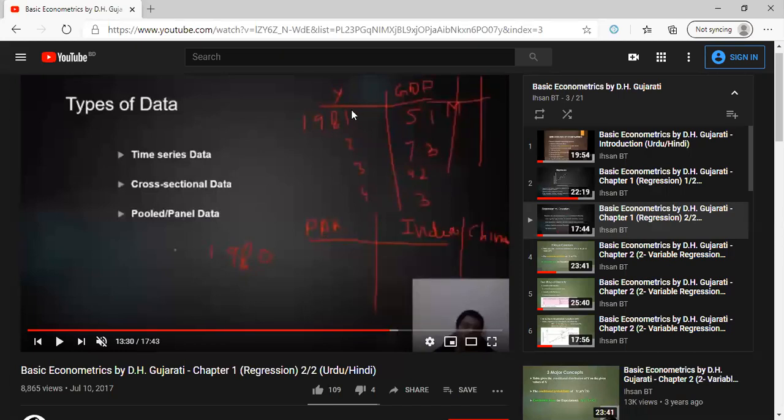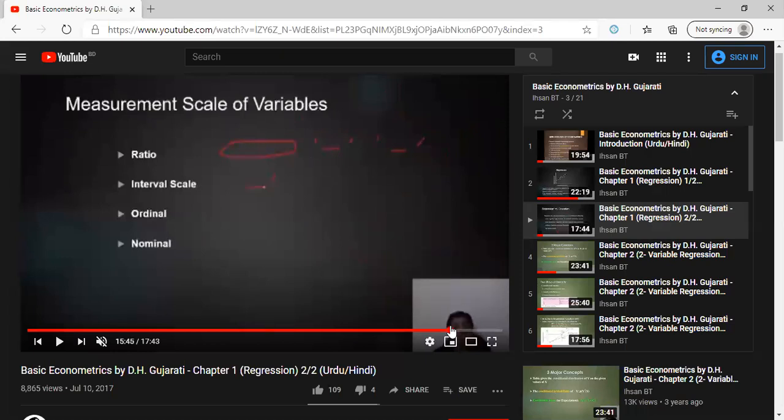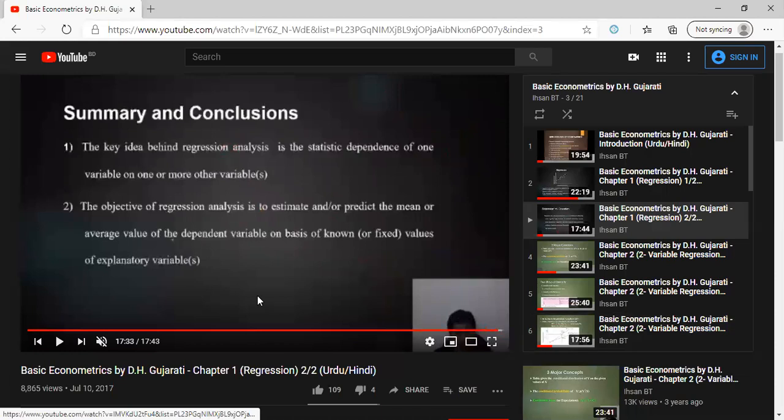Here they are showing GDP, time series data. I will not talk about ratio scale. Okay, so data type.